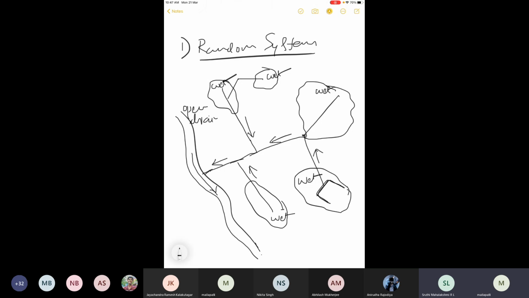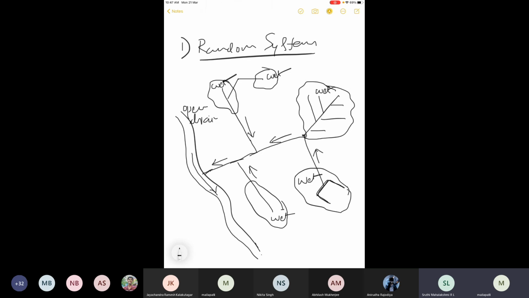So in case of the random system, this is suitable for undulating or rolling land that contains isolated wet areas. Okay. And you can also see the main drain is usually placed in the swales. The laterals in the pattern are arranged according to the size of the isolated wet areas.